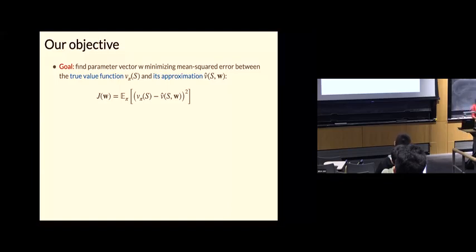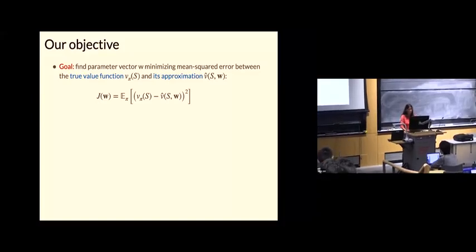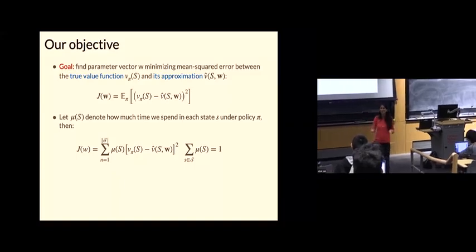Do you guys agree? Now here is a very subtle issue. As I have said, there are too many states. So the question is, which states do I need to show to my function approximation to estimate?